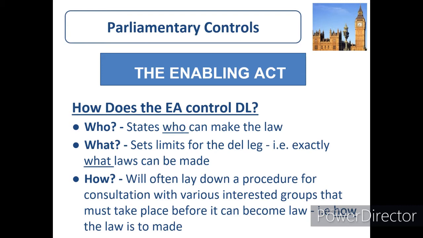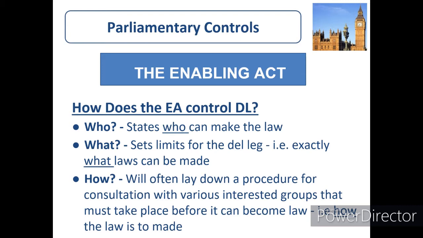So with our example of the content of the national curriculum, the Enabling Act was the Education Reform Act 1988. And the Enabling Act, the Education Reform Act, stated that the Minister for Education could make the content of the national curriculum.